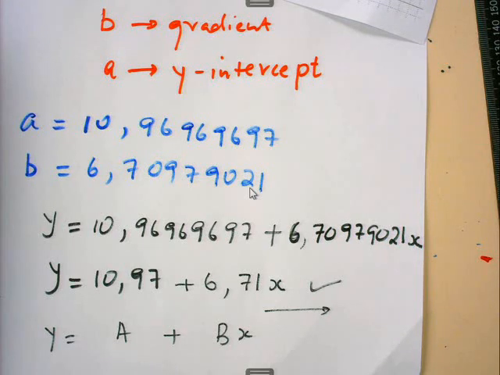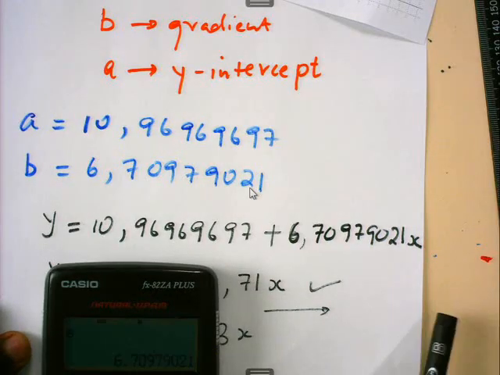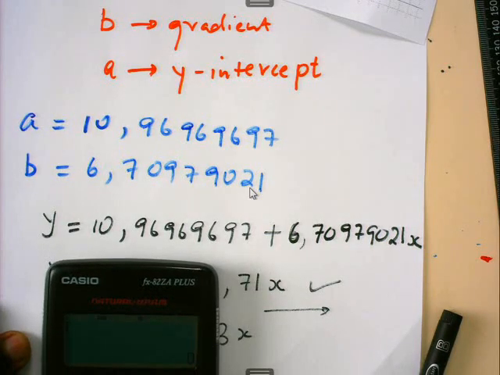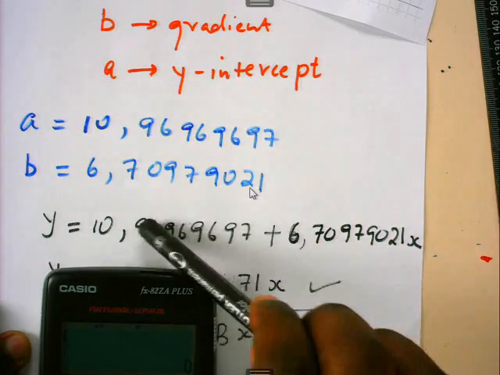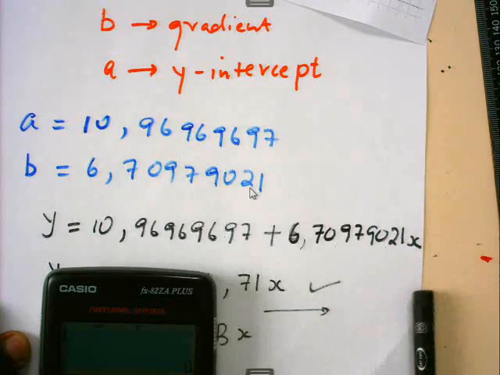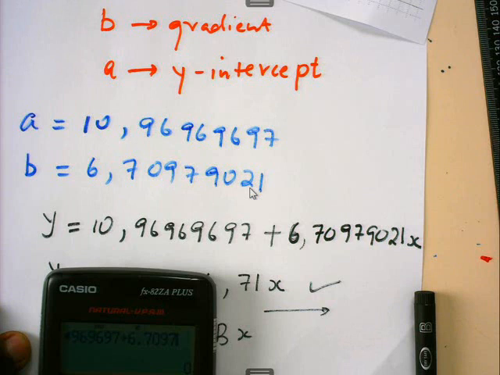Now for us to draw the line, I put this value here on our calculator: 10.96969697, plus 6.70979021.